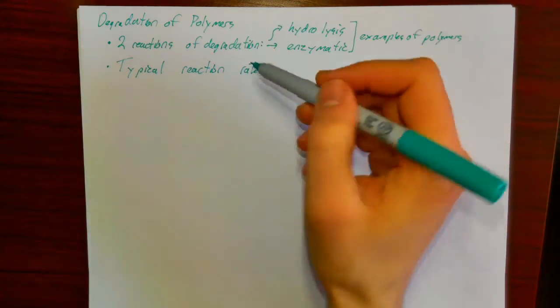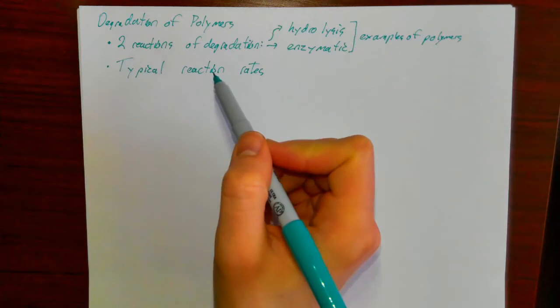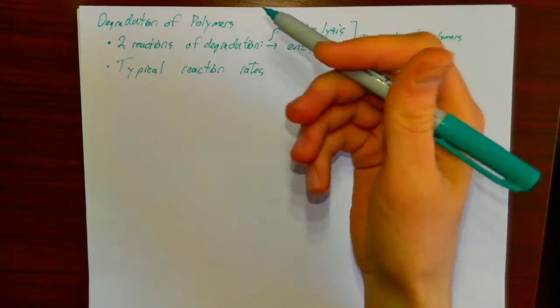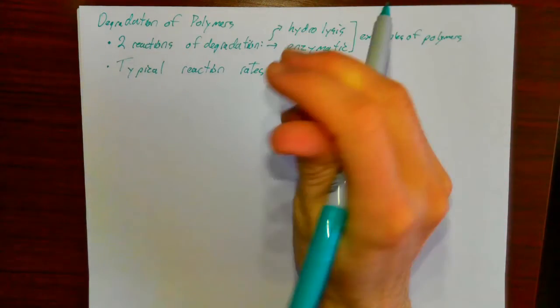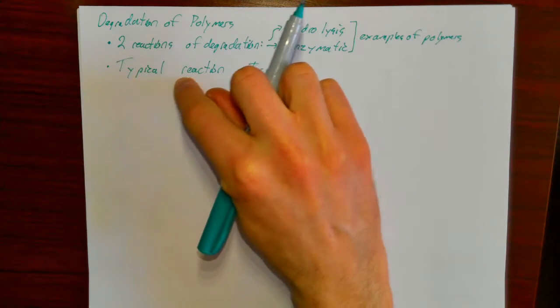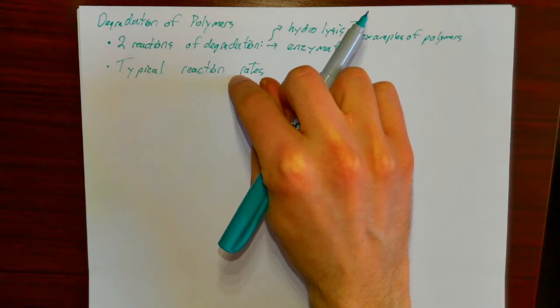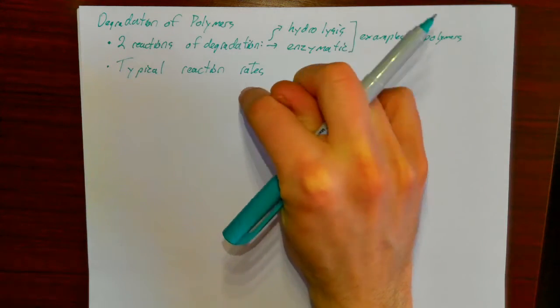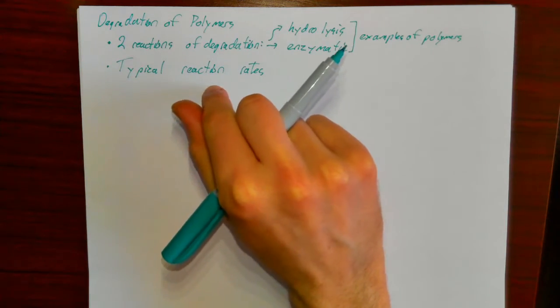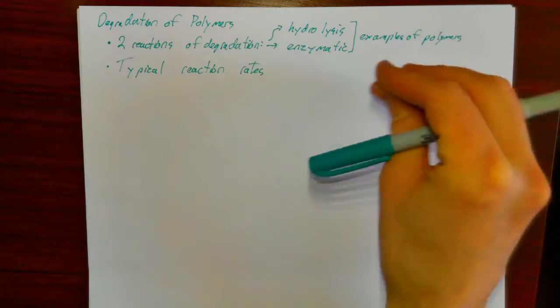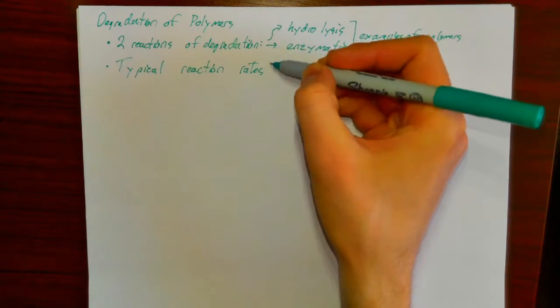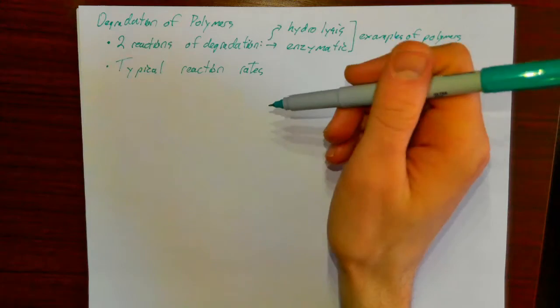And it turns out that these reaction rates, depending on exactly what type of polymer you have, what chemistry, and then some other factors, the degradation rates of different polymers can span something like 8 orders of magnitude. And that's incredible, right? 8 orders of magnitude in terms of the time scale with which some polymers degrade compared to other ones. And this lends us huge flexibility.